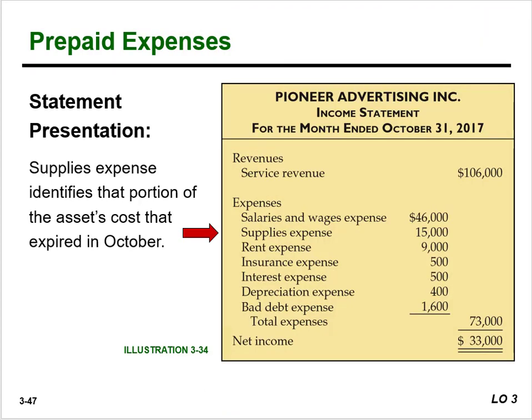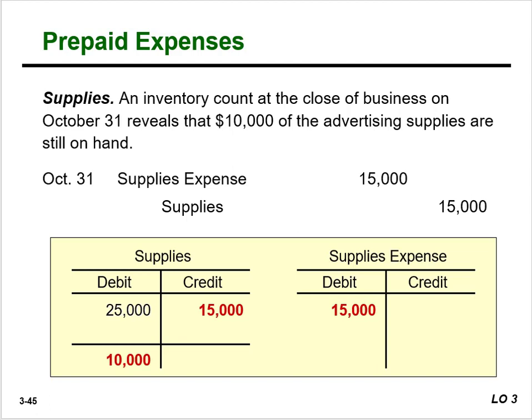In your statement presentation for the income statement, supplies expense identifies that a portion of the asset's cost expired in October, which was the $15,000, identified here. And so this entry shows that you expense $15,000 and you still have $10,000 left.